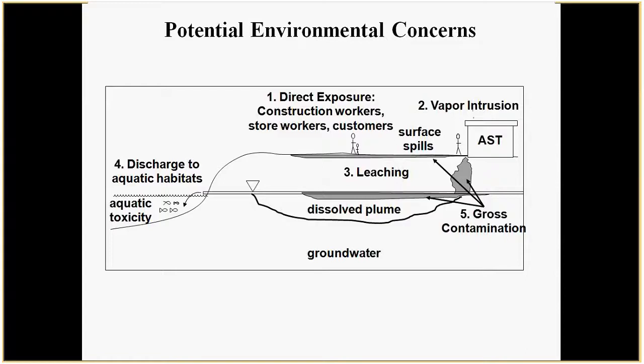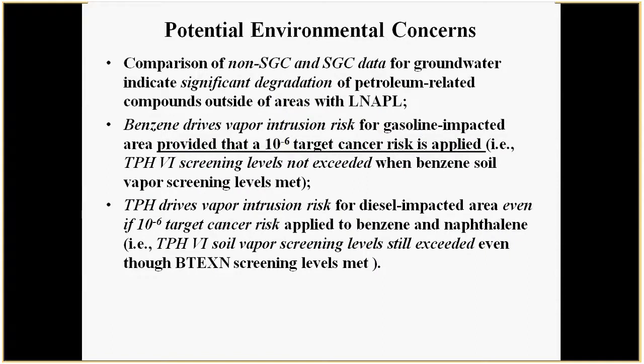Potential environmental concerns at the site. It's a key thing: comparison of non-silica gel cleanup and silica gel cleanup data for groundwater indicated, not surprisingly, significant degradation of dissolved phase petroleum contaminated compounds in areas with LNAPL. So really, in this case, you just let Mother Nature do its work for this particular site. There's already a lot of degradation going on.